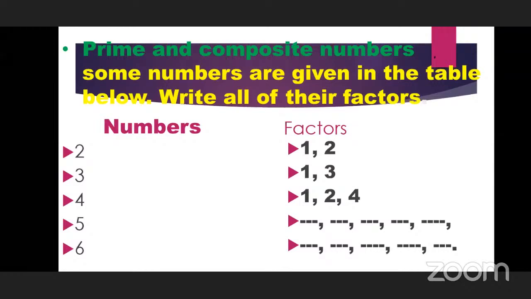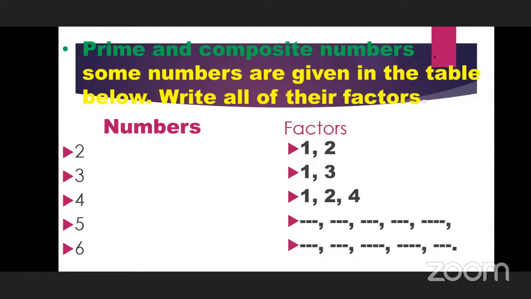You know natural numbers start from 1, 2, 3 and go on. There are two types of natural numbers, prime numbers and composite numbers. Prime number means only two factors, 1 and the number itself, and composite numbers have more than two factors.